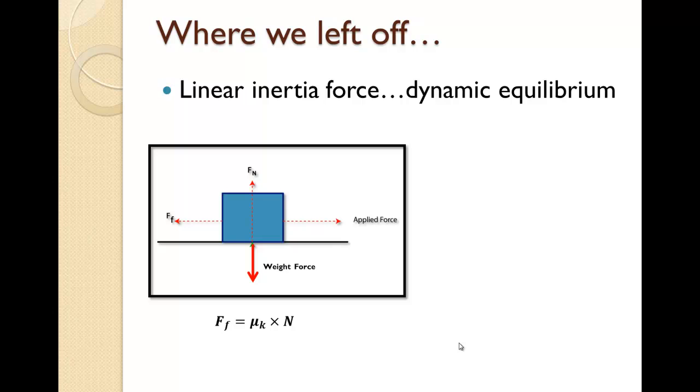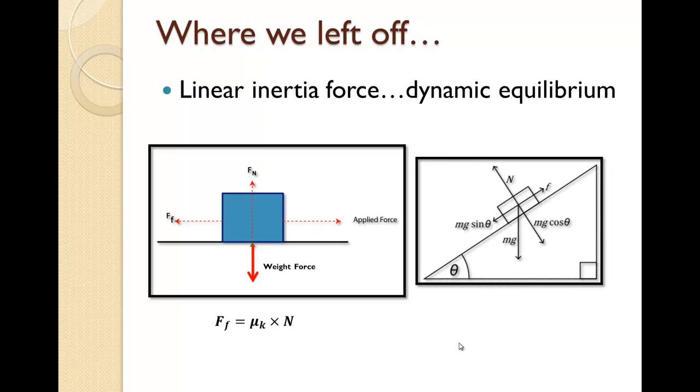The other type of example that we did was one on an inclined plane, and the weight of the box is broken down into two components, your mg cosine of theta and your mg sine of theta. And in this particular example, we would actually have to figure out what the friction force is if the box was just free to slide down the inclined plane.